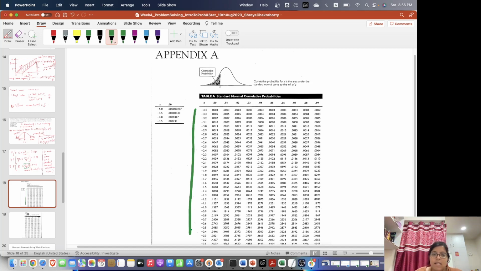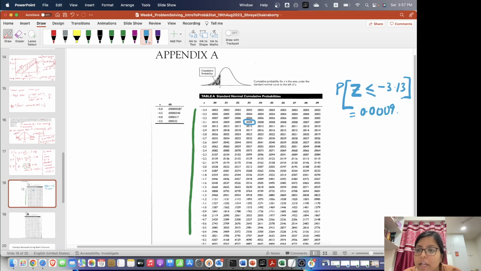If I want to know what this value represents, it represents the probability that my standard normal Z is less than or equal to minus 3.13, where this is the first decimal and this is the second decimal, and that equals 0.0009.